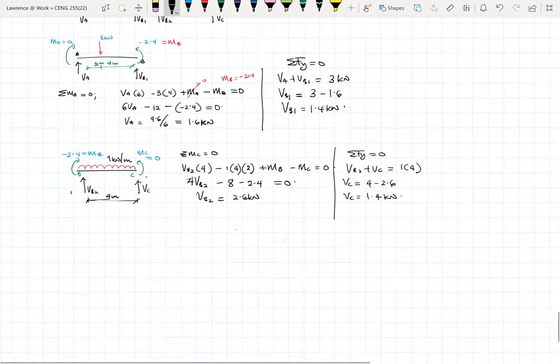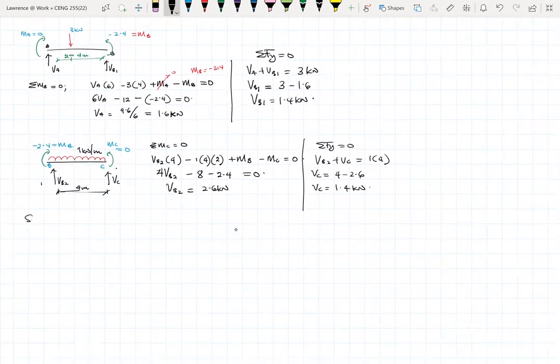Okay, so our support reactions: we have VA equal to 1.6 kilonewtons. VB will be both VB1 plus VB2. So that will be 1.4 plus 2.6, and that will give us what? 3, right? So we get 3 kilonewtons. Is it 3 or 4?